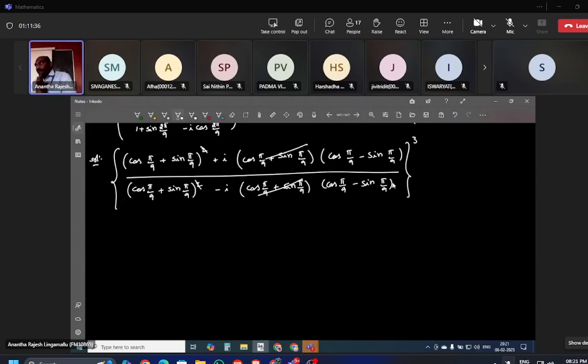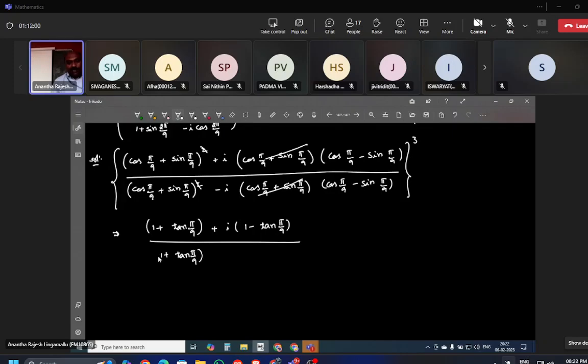It will work if I divide with cos pi by 9. So divide every term with cos pi by 9: 1 plus tan pi by 9 plus i into 1 minus tan pi by 9, divided by 1 plus tan pi by 9 minus i into 1 minus tan pi by 9, for this whole cube, right?